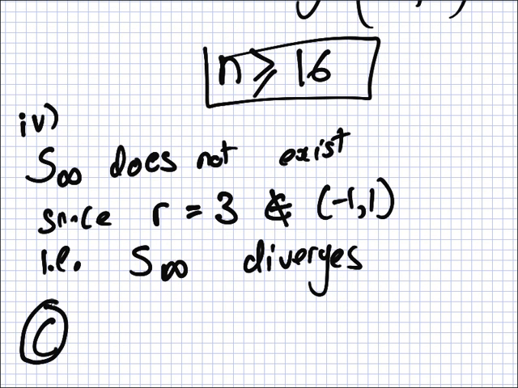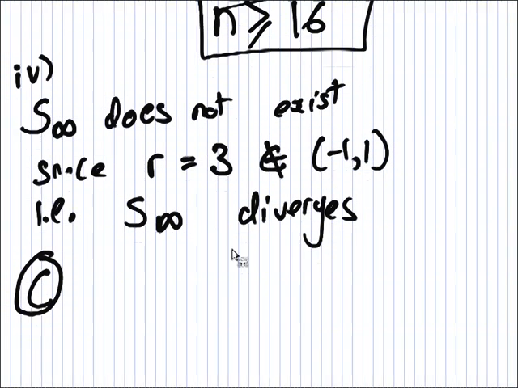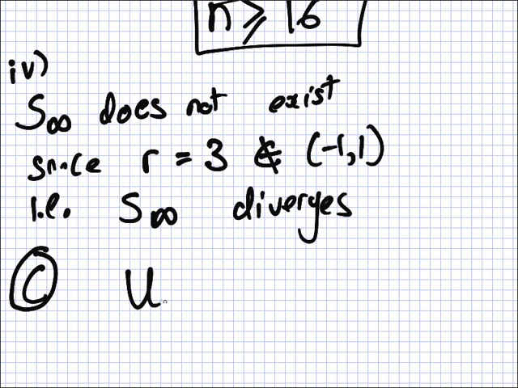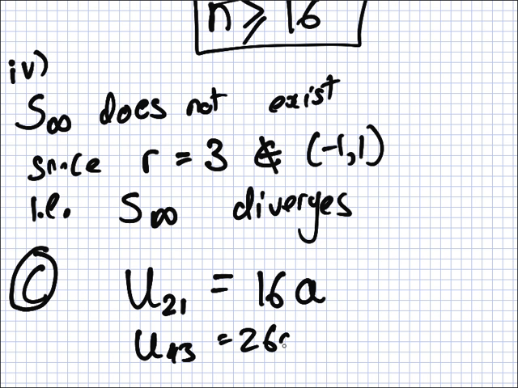C for 4 marks. In an arithmetic sequence, the 21st term is 16 times larger than the first. So the 21st term is equal to 16 times the first. The 43rd term is 260.